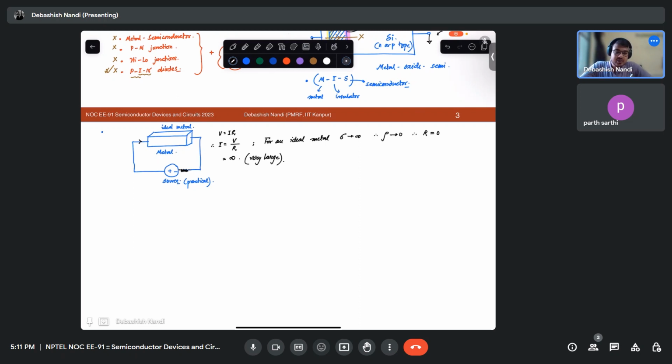So in this entire loop, this RS will be present, but this RS is generally very small. So it is like you have a battery and you are just shorting it. Have you ever seen what happens by shorting the two terminals of a battery?